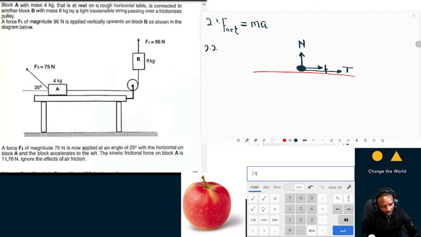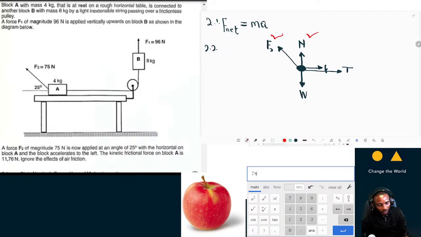Then we have a weight force pulling the block downward. Then finally, we have the force F2, which is acting at an angle of 25 degrees. Now I can rub my surface. Then we are done.